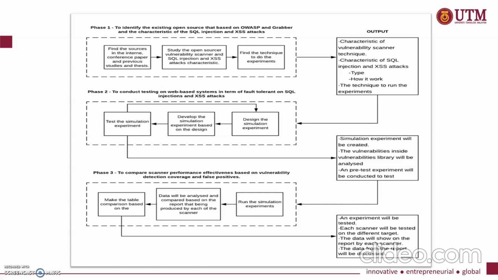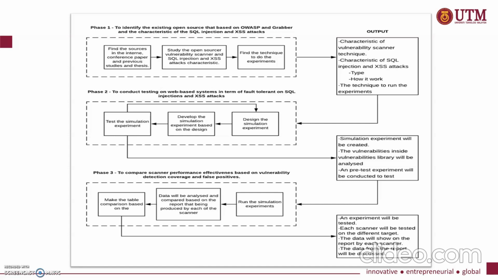From the output of the first phase, we conduct the design of the simulation experiment, and then develop the simulation experiment based on the design, where we actually do not develop it, but more like modify the scanners to specify the criteria that have been decided, and then test the simulation experiment before running the experiment to get the data. So if there is any error in the experiment, we'll design it again and develop it again.